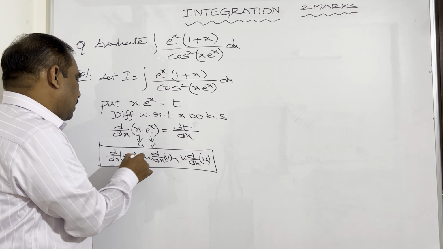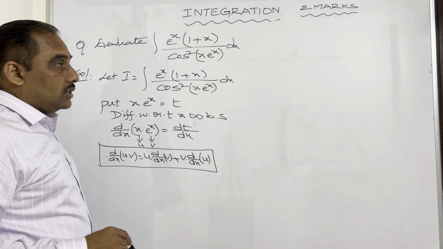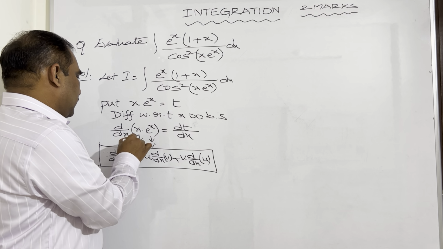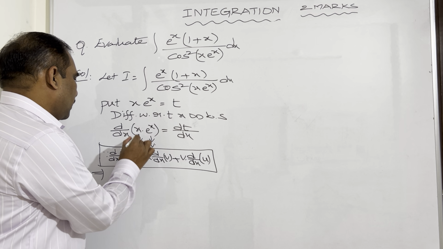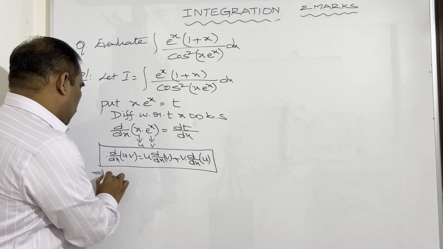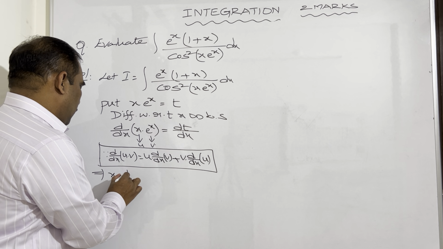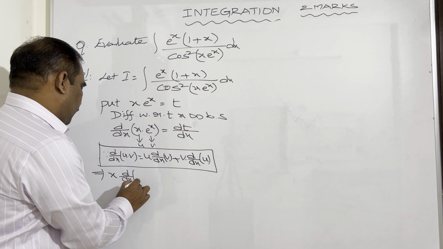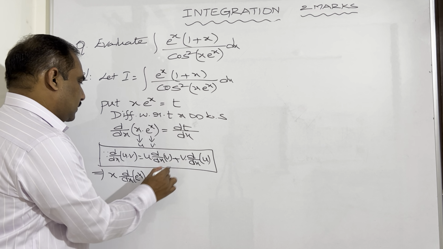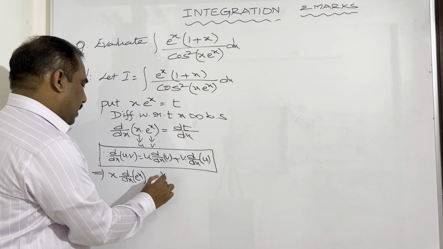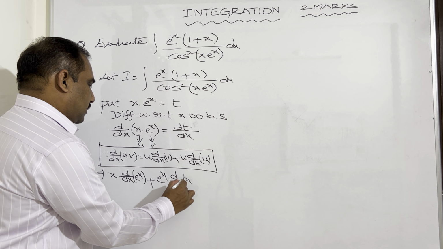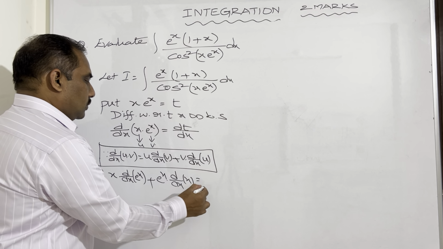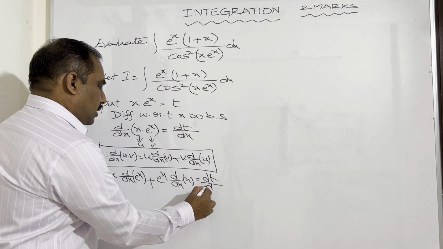Here we have taken u is x and v is e^x, so applying the formula, x into d/dx of e^x plus e^x into d/dx of x is equal to dt/dx.